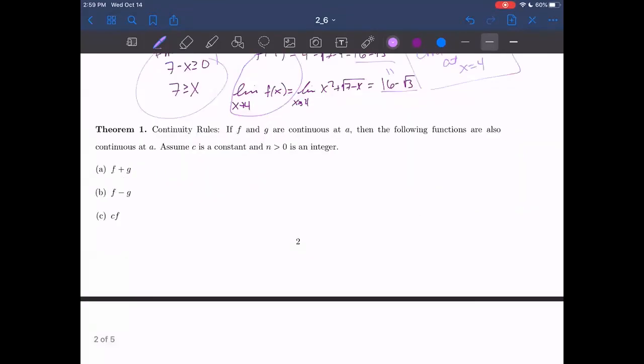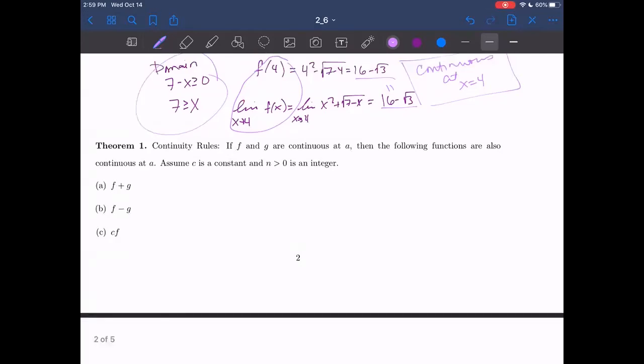All right, and then we've got some continuity rules, just basic. If we've got two functions that are both continuous at a point, then these following operations will also hold continuity. If we do any of these following operations, then the function that we get will also be continuous at that same point.